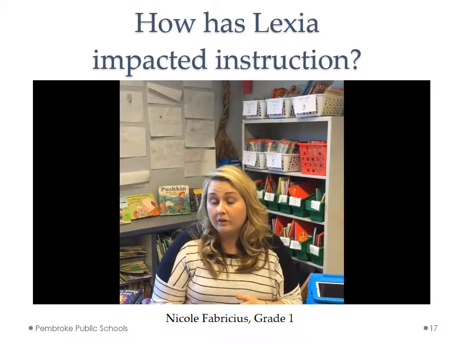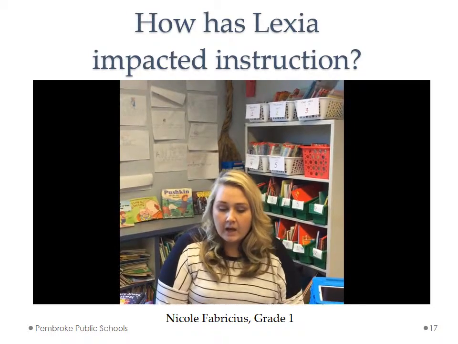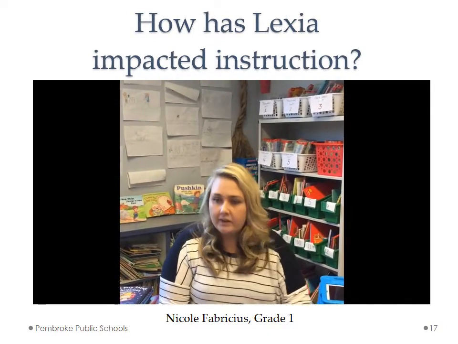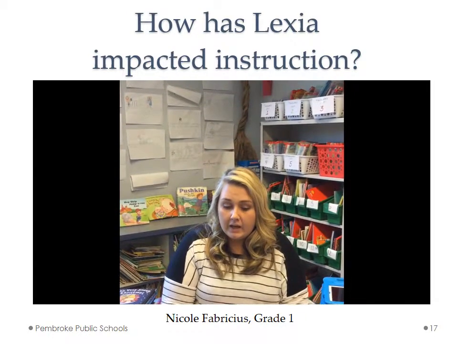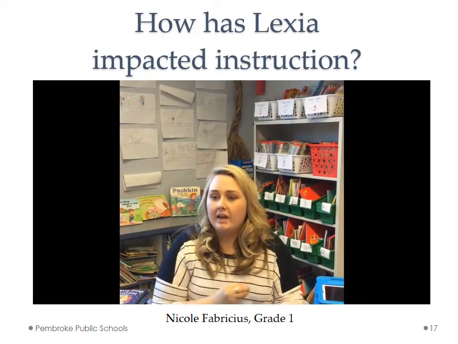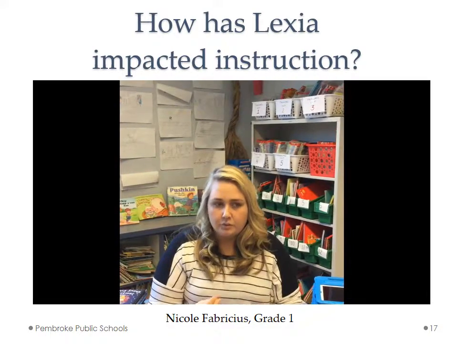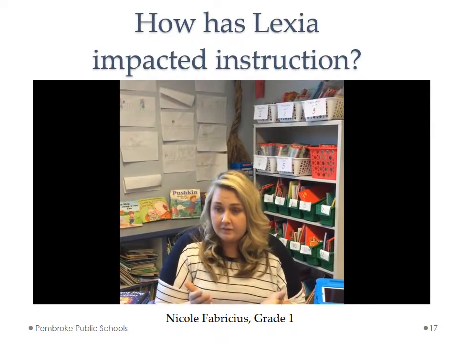The students aren't aware of where they are in the grade level. They just know they're on a level, which is great. And it shows me whether they come in at a kindergarten level or they come in above a first grade reading level. So it's fantastic for me to be able to use the data that I get every single day to guide my instruction too. So I find it extremely helpful.